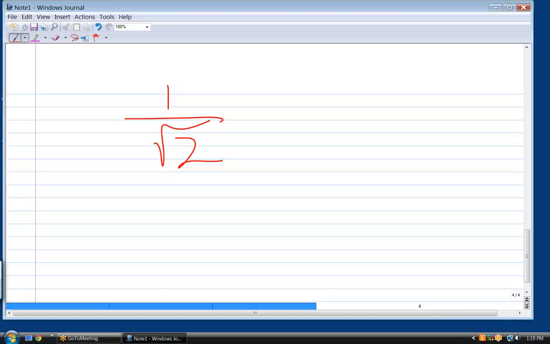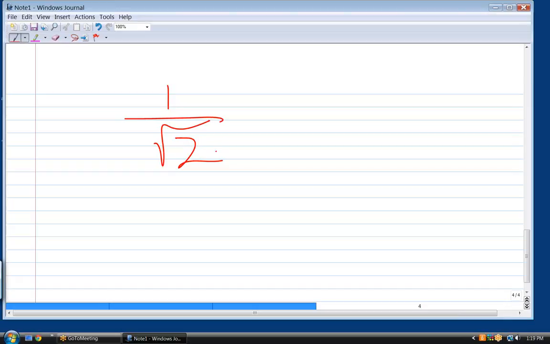Because right now, the denominator is irrational. And irrational in math doesn't mean crazy. You know, if a person is irrational, they're crazy. But if a number is irrational, it just means it cannot be written as a fraction. There's no way to write the square root of 2 as a fraction. So I have to rationalize it.